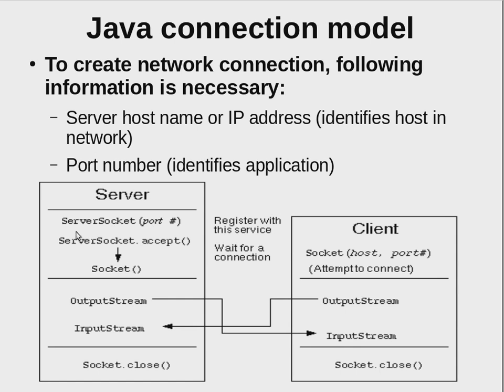And then, particularly in Java, how it's made: you create a server socket object with a particular port number, and you may also say on which particular IP address. If you do not mention an IP address, it listens on every possible IP address of this computer. And then it tries to execute the accept method for this server socket object.